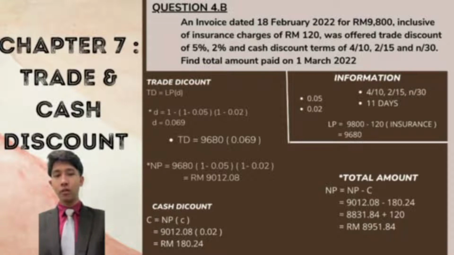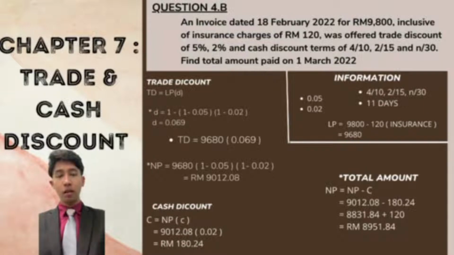In trade discount, we use the formula which is TD equal LP in bracket multiplied by D. Before that, we use the single discount equivalent formula for D, which is 1 minus in bracket 1 minus 0.05 and 1 minus 0.02. So it will be 0.069.